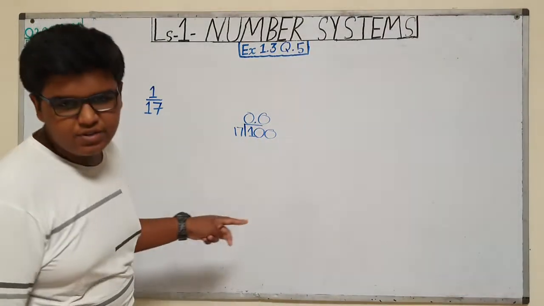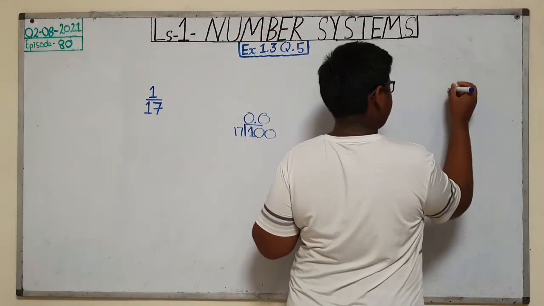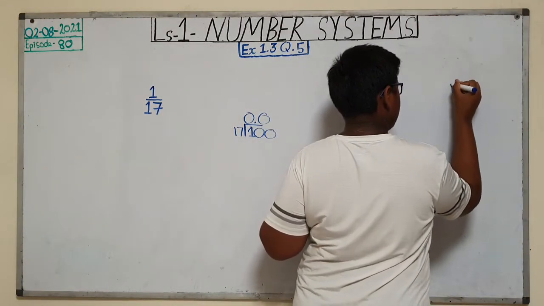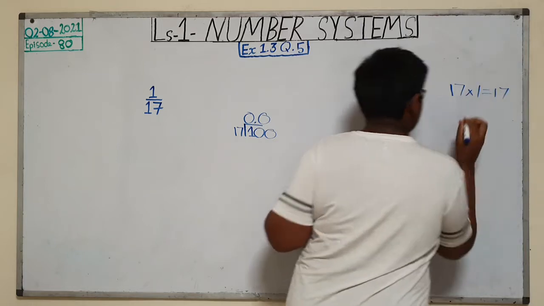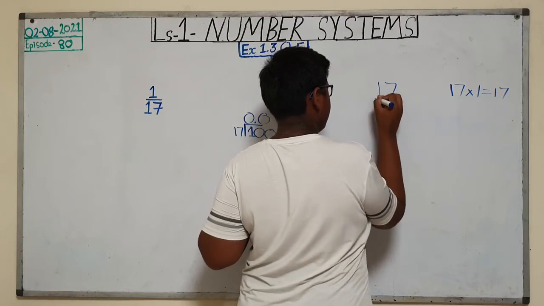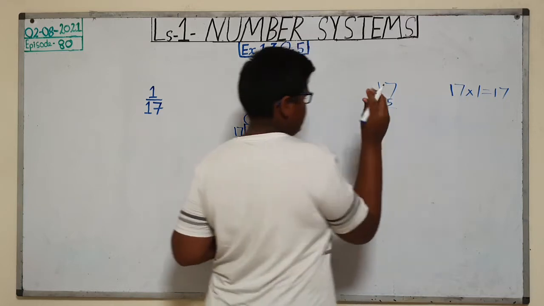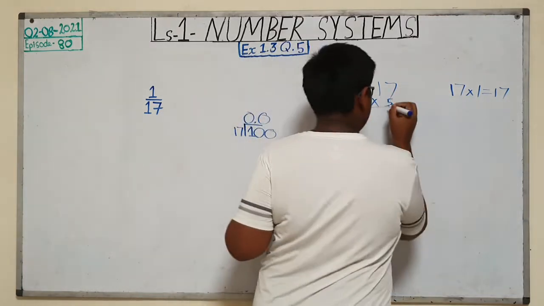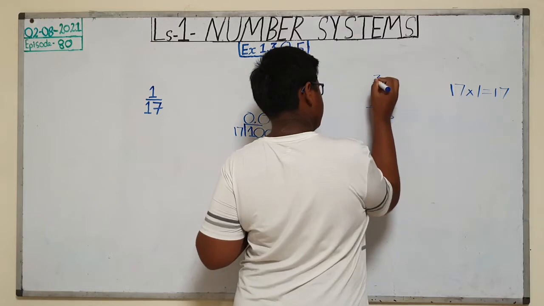When we have 100, what can we take? Let's check. 17 ones are 17. What are 17 fives? 7 fives are 35, 5 ones are 5, plus 3 is 8.